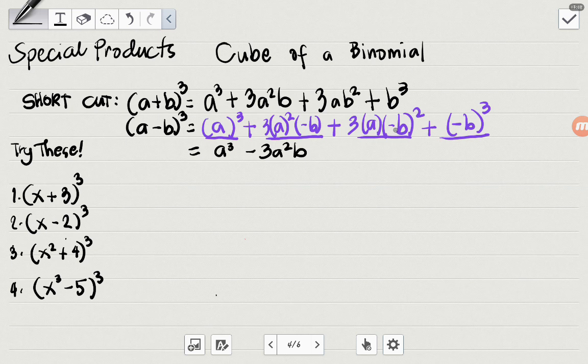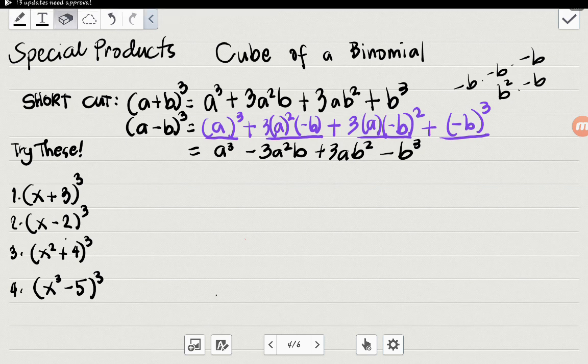And then, square ni negative B, that's negative B times negative B, that's positive B square, times A, times 3, so positive 3AB square. And then cube ni negative B, that's negative B times negative B times negative B. Negative times negative, positive B square times negative B, so we have negative B cube. Positive times negative will give you negative.